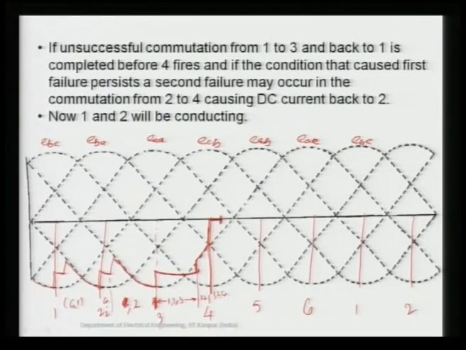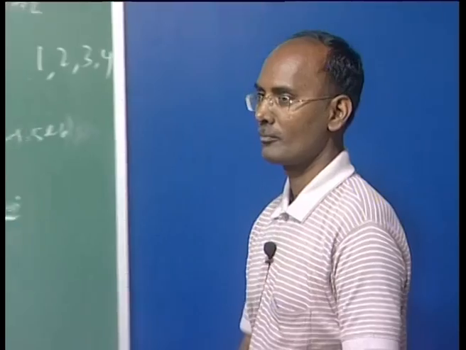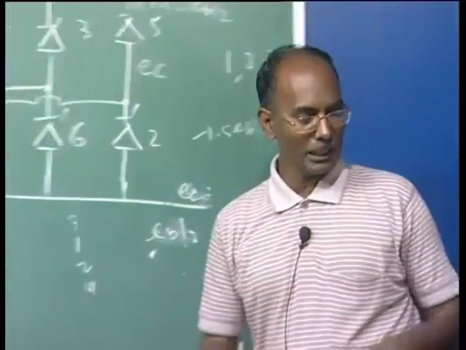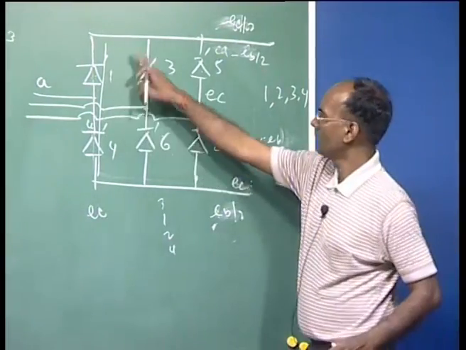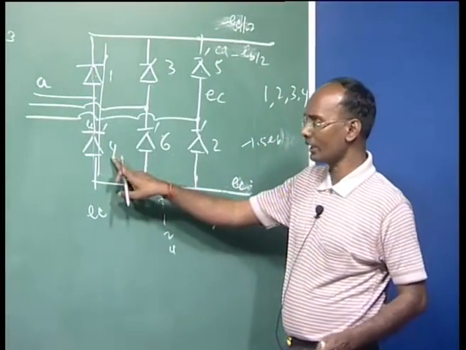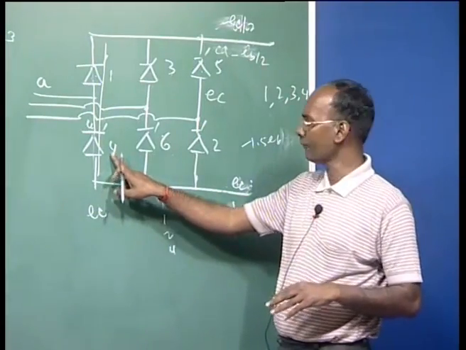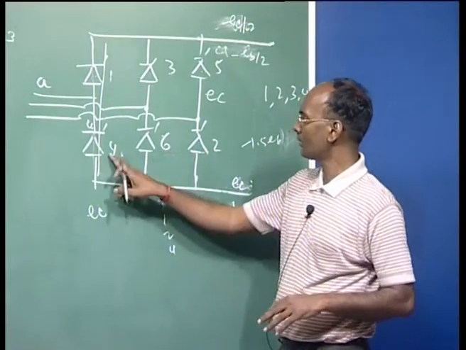Okay. And what happens here, during this period for some u degrees the commutation was unsuccessful, and then finally at this point again 1 and 2 are conducting. Then again it will follow EAC, because 1 and 2 are conducting, so it will always be EAC here. This was taking place but it was not successful, and finally this is off.